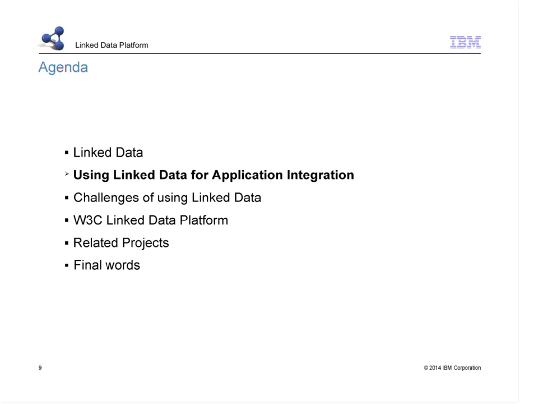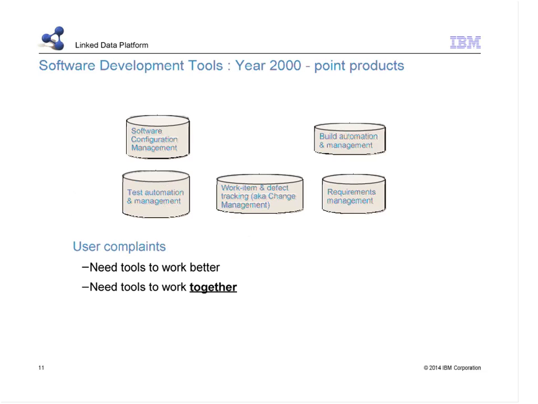So let's get now to the problem at hand, which was to use linked data for application integration. I want to frame this in the context of a very specific case that triggered IBM's interest in linked data. I actually started in the Rational product group in IBM. Rational is primarily known for developing a lot of development tools.